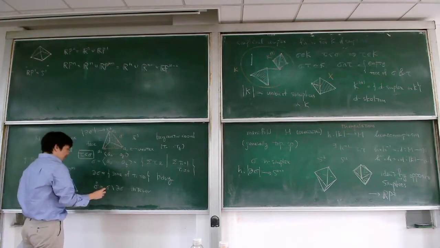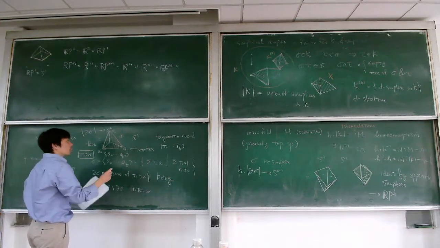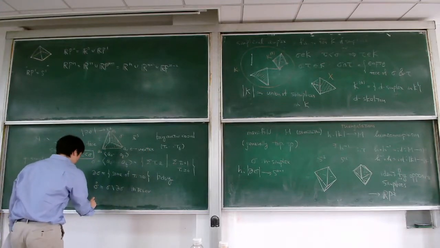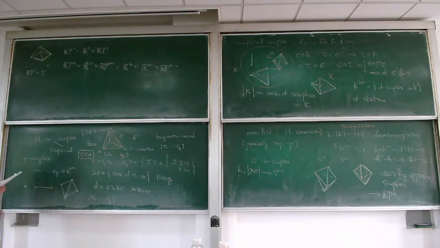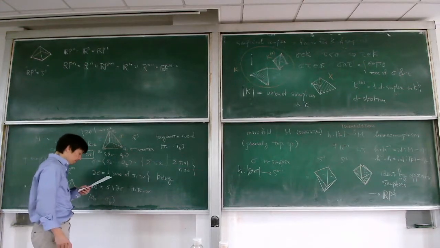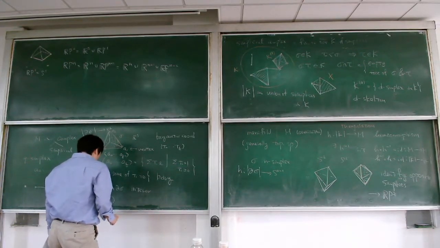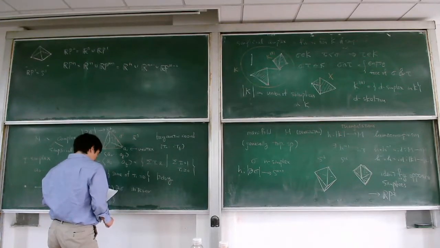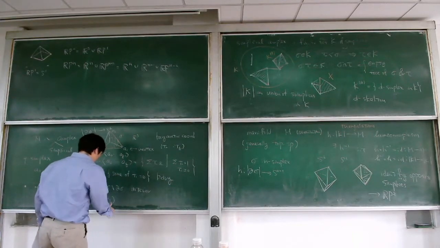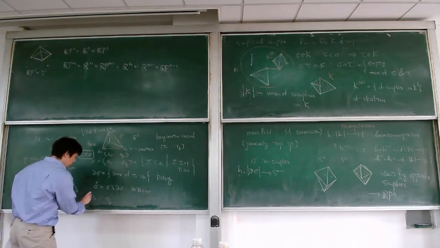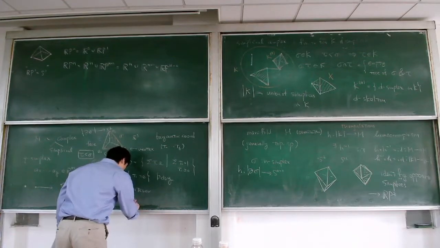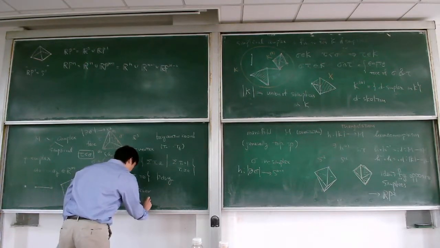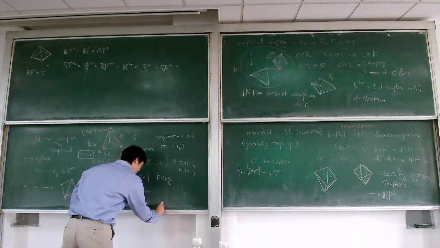vertices, this A0 to AQ, you just consider an ordered set, and then if you permute, you can consider this ordered set, and this has the opposite orientation as A1, A0, A2, A3, AQ.